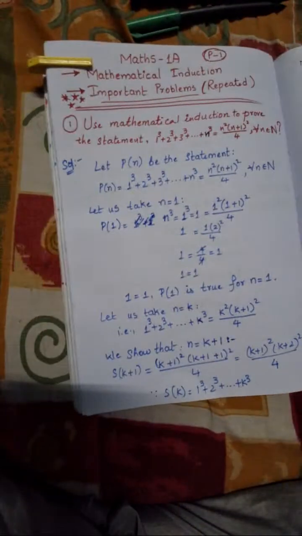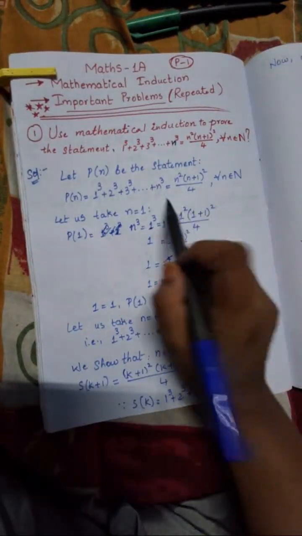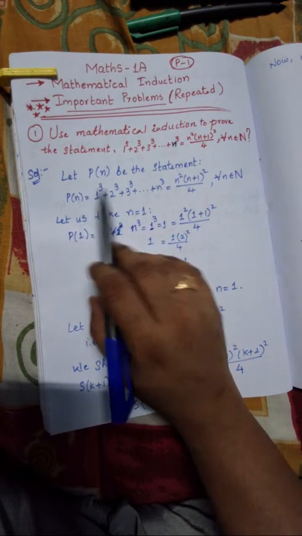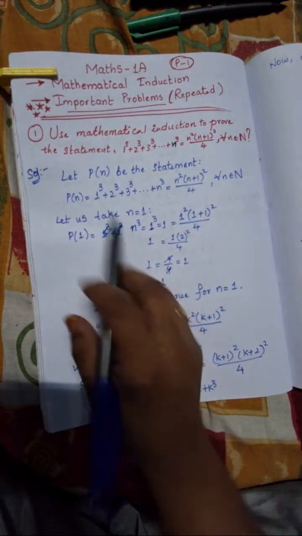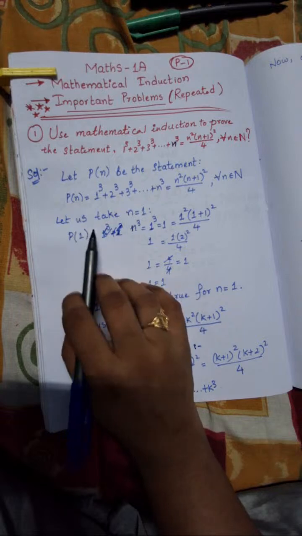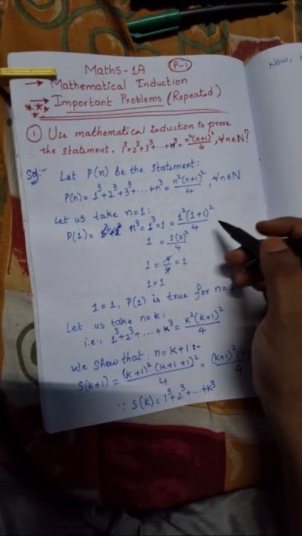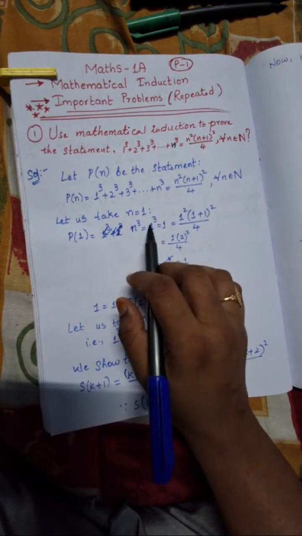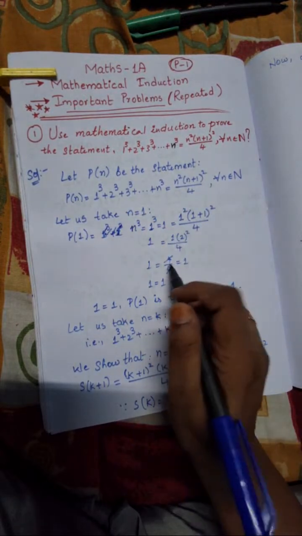What I have done here, I will repeat again children. We have to take the statement given as P(n), the whole statement we have to take as P(n). Now in place of n we have to prove that for P(1) also it is true. Now putting n equal to 1 in left hand side and right hand side, we have to get equal values.